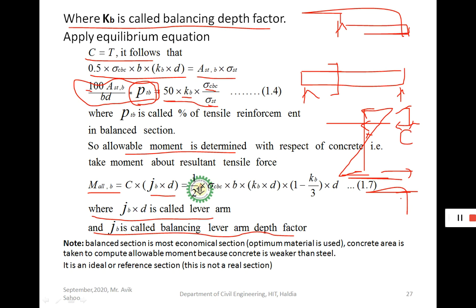When we start the design, at that time we discuss why the balanced section is an impractical section, because the balanced section is desirable, since it is the most economical section, but we cannot use it in the field.